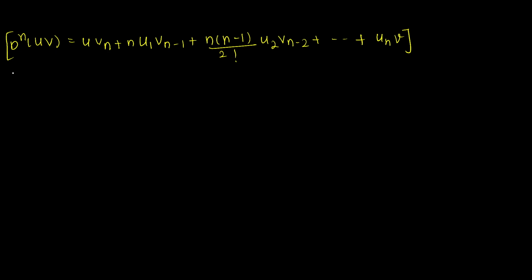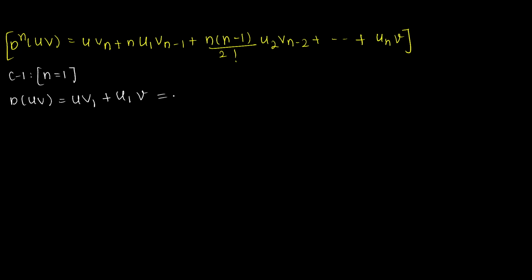Okay, now let's take the special cases. Case 1: when I substitute the value of n as 1 in this form, it will be given as d(uv) equals u v_1 plus 1 times u_1 v_(1-1), which is v. When I put n equals 1 in the third term, it will be 0.